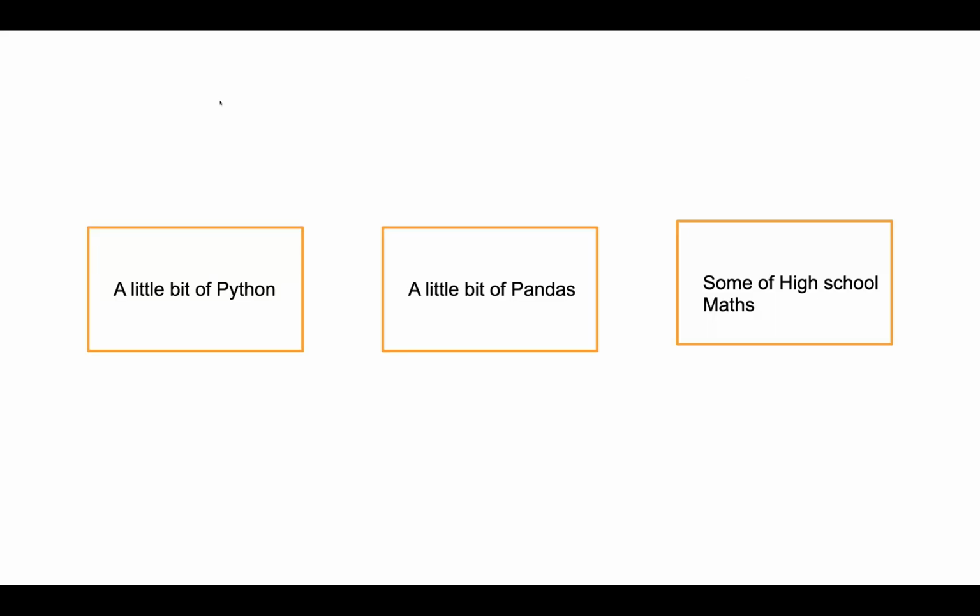All right, so to be able to follow this video, you need to have a little bit of Python. You have to understand a little bit of Python. We're also going to be using pandas for data manipulation and analysis, so understanding how data frames work will be good.